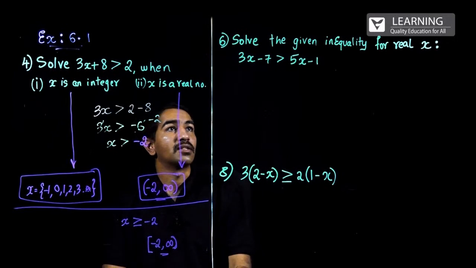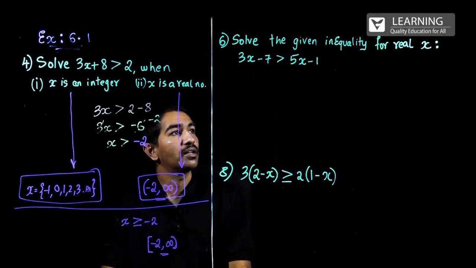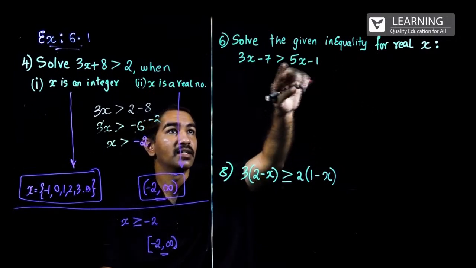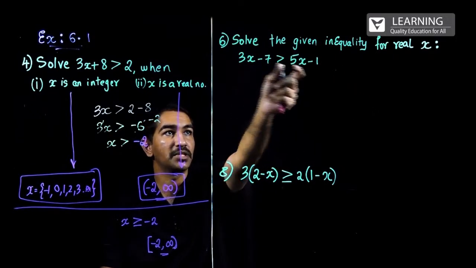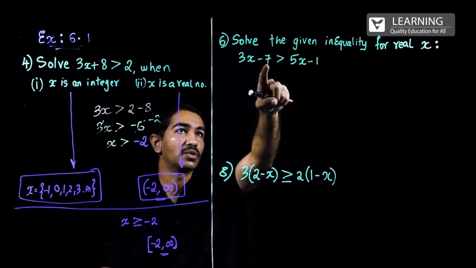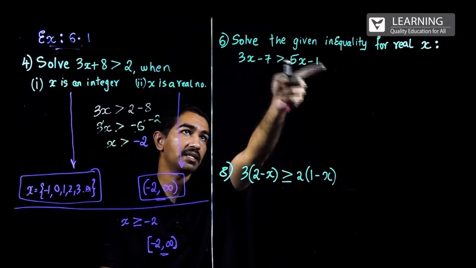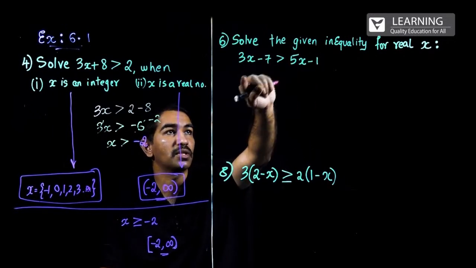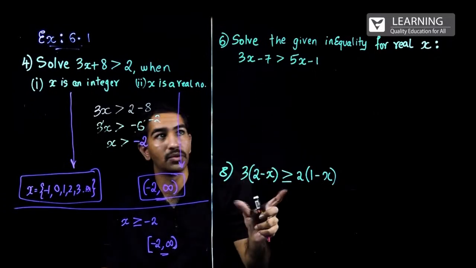Question number 6. Solve the given inequality for real x. So here what is x, students? x is a real number. Alright. So this is the given, so this is an expression, this is an expression. In between what do we have? An inequality. So send minus 7 on that side or send 3x on that side. Okay, send minus 1 on this side. So what we are doing here, we are just grouping now.